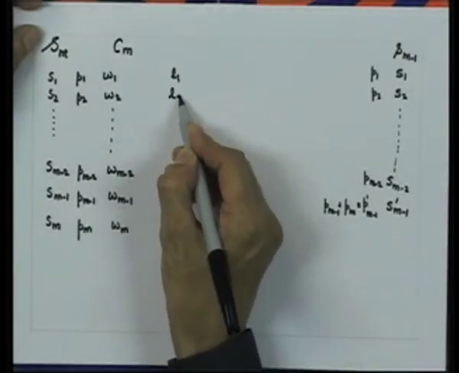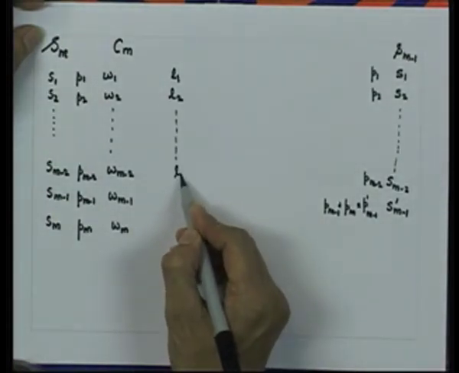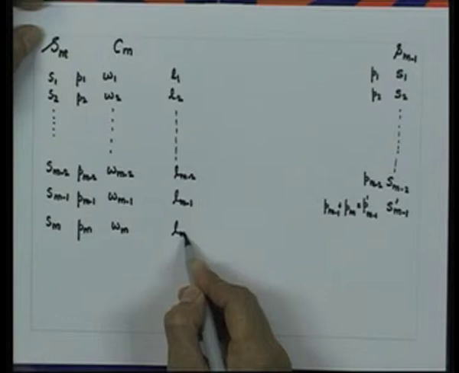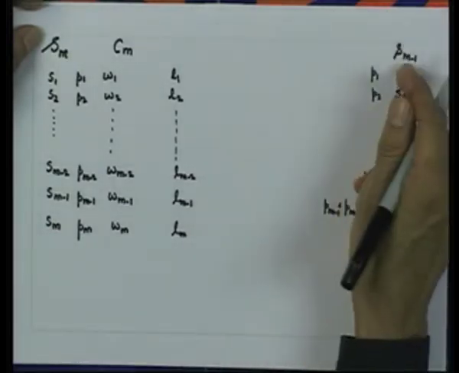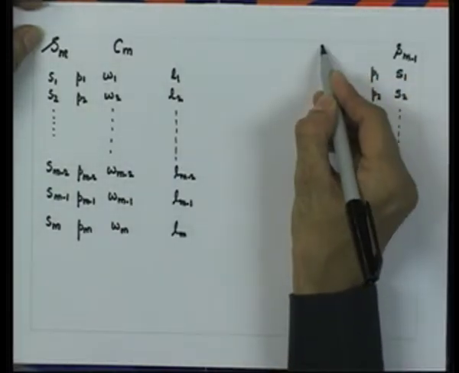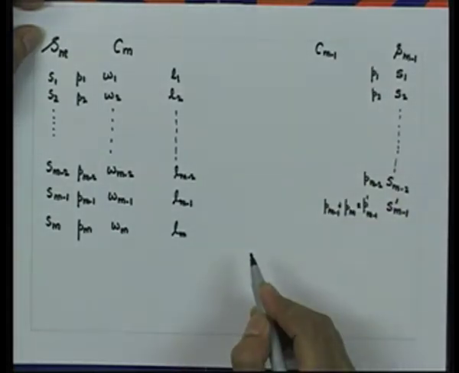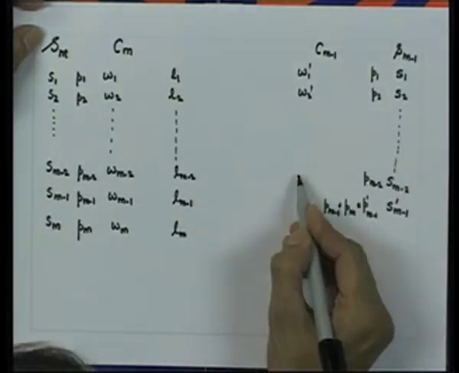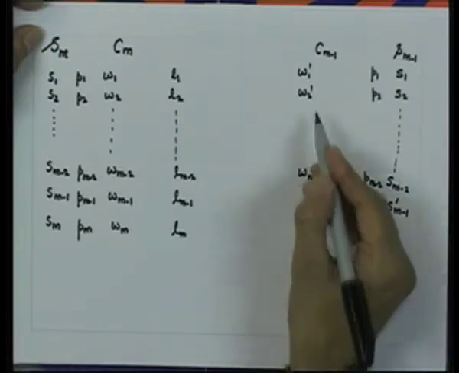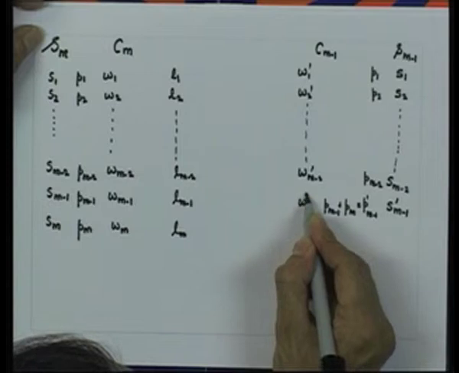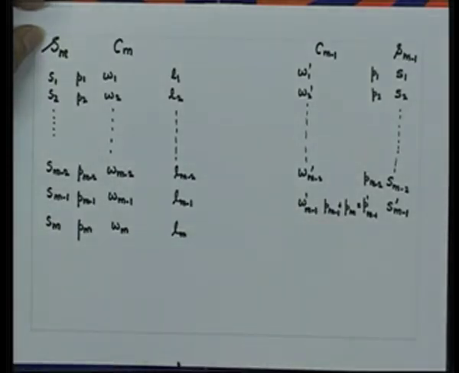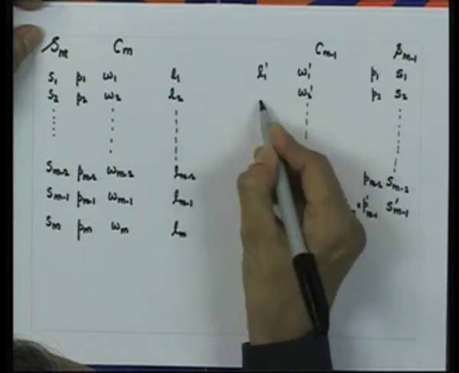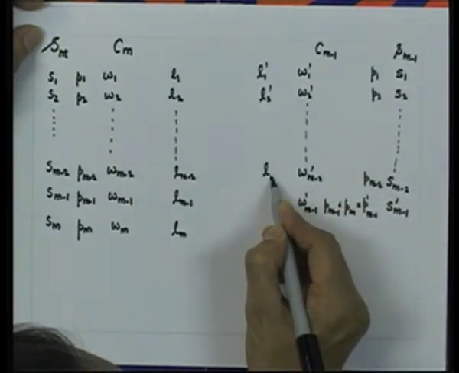Let me call them L1, L2, up to L_(m-2), L_(m-1), L_m. With the reduced alphabet I want to have a code, and the code words are given by W1', W2', up to W'_(m-2) and W'_(m-1), and the associated lengths will be L1', L2', up to L'_(m-2), and L'_(m-1).